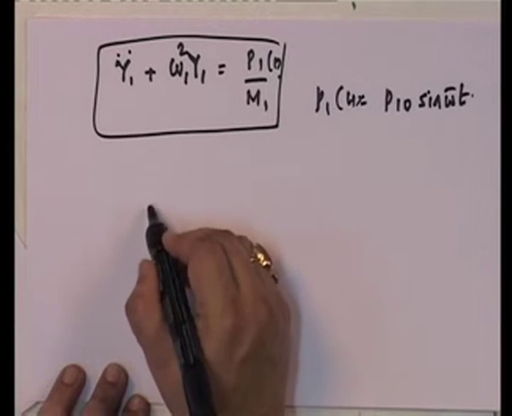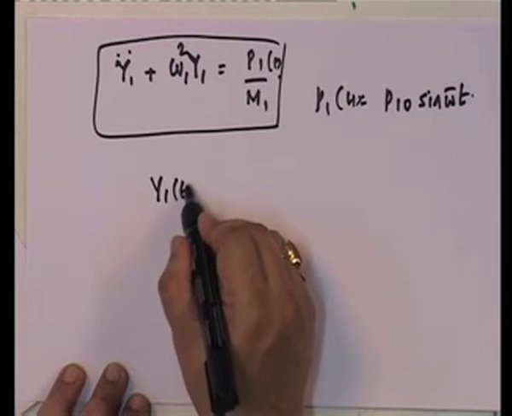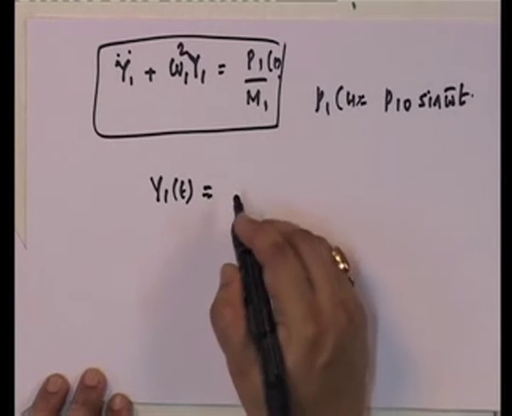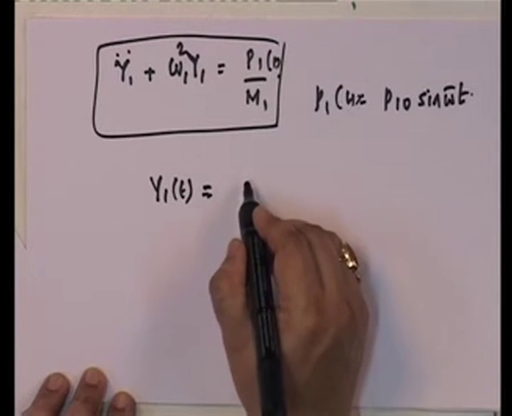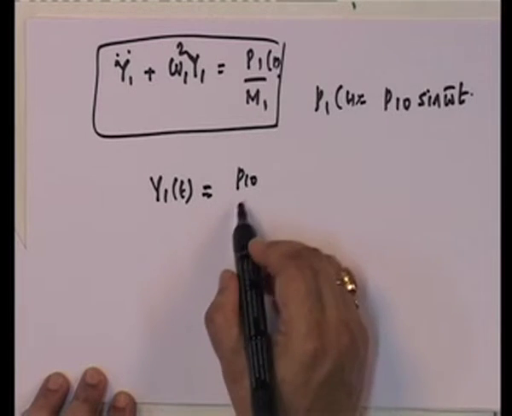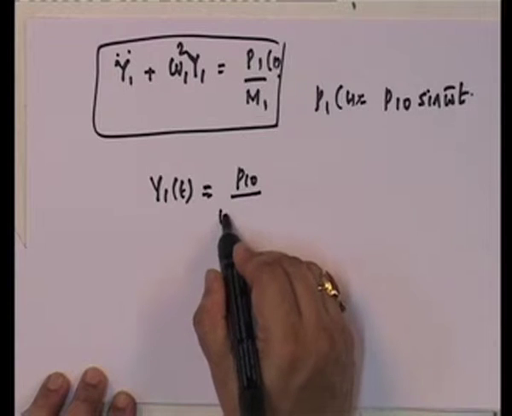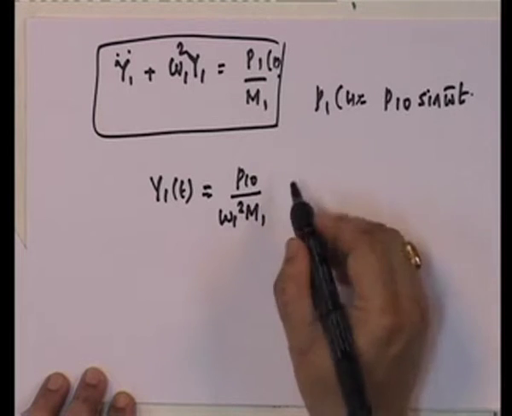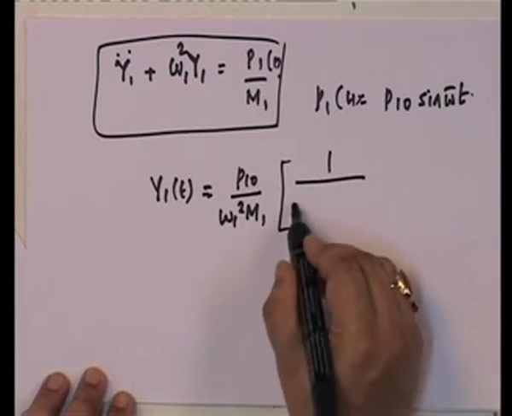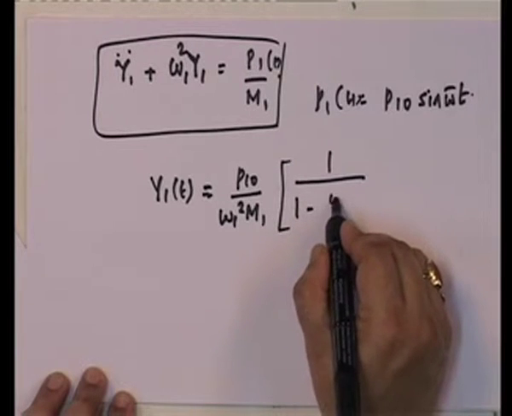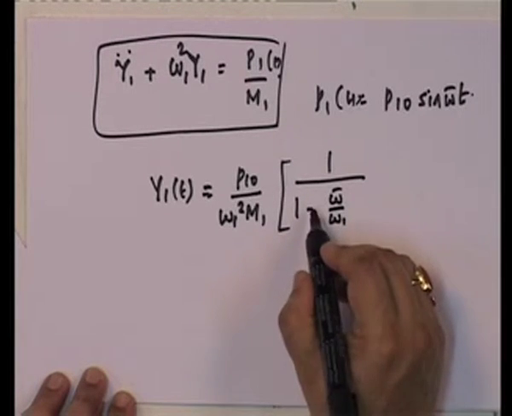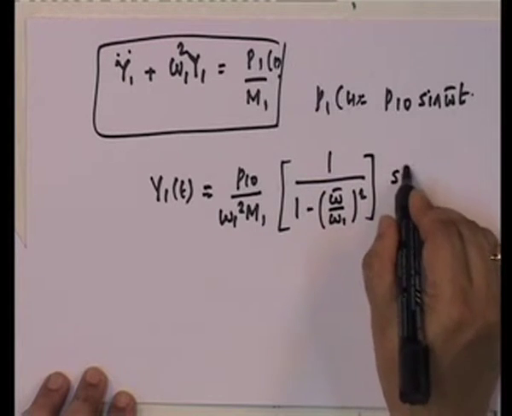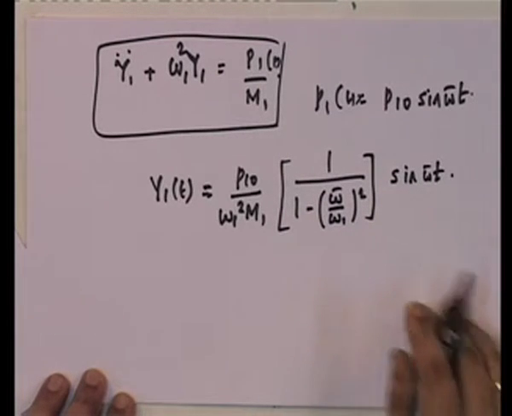It will be equal to y1 of t, and this is the steady state solution, only the steady state solution. The steady state solution becomes: P10 upon omega 1 squared m1, that is P1 upon k1, into 1 upon 1 minus omega bar upon omega 1 the whole squared, into sine omega bar t.